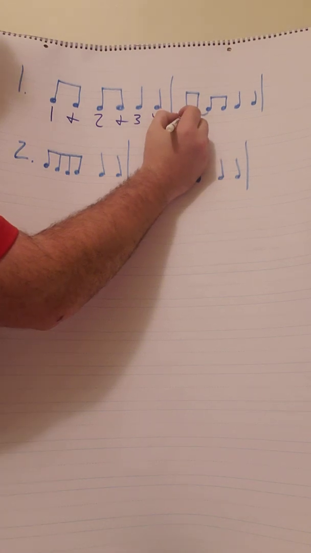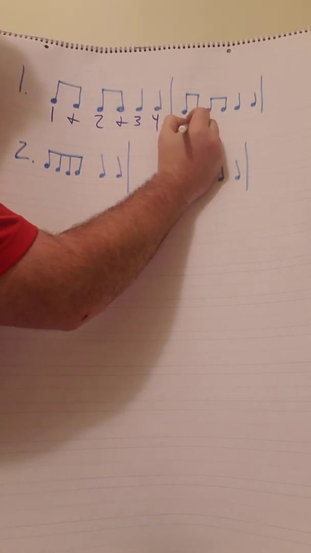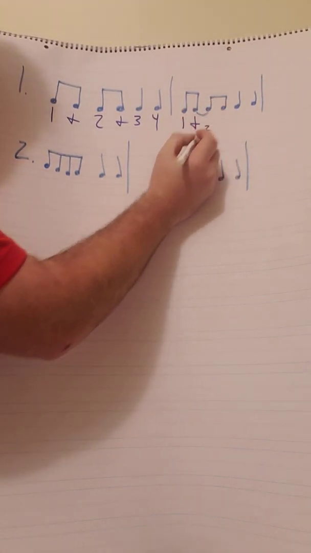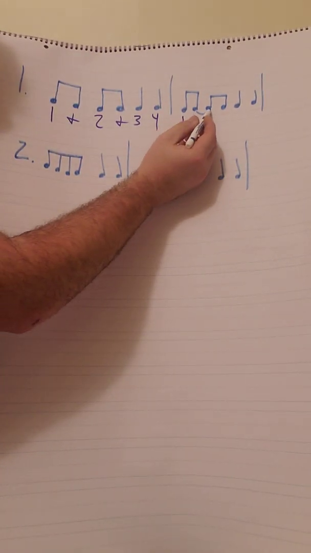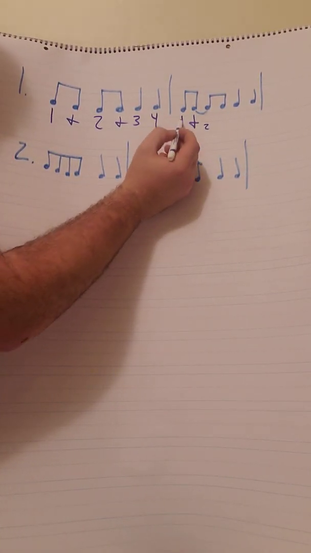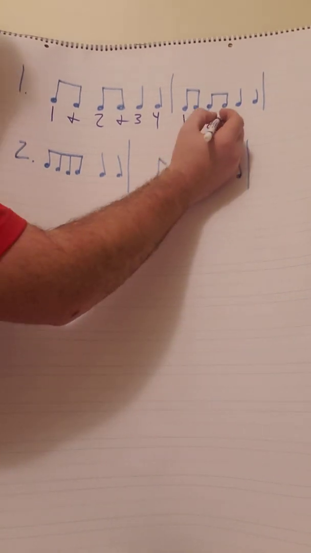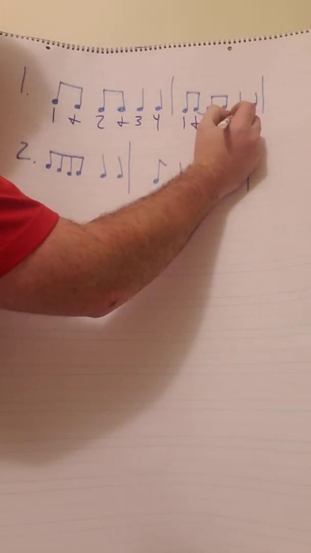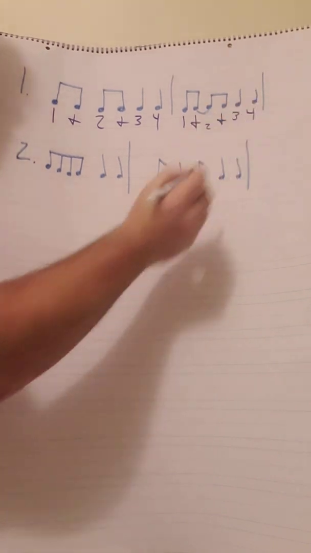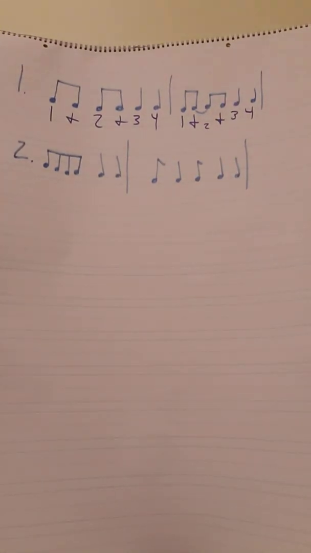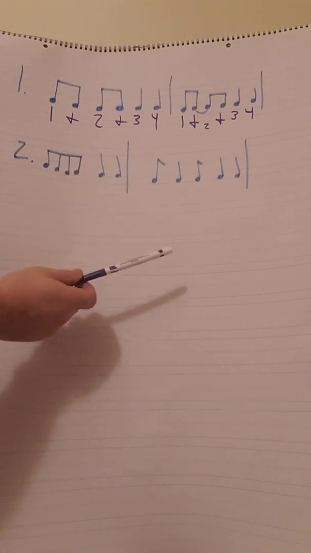So we get a big 1, a big and, a small 2, because remember, at the end of a tie, the number or the and count, whichever it happens to be on, is always small. And then the big and, big 3 and big 4. So when we count this, or when we tap this, this is what it sounds like.